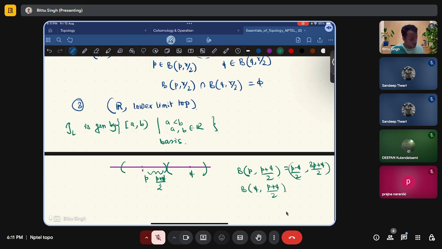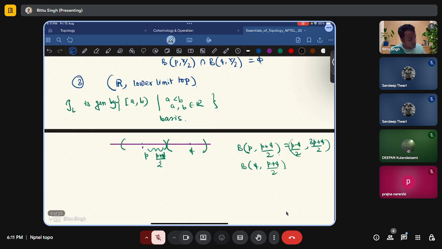Another way, you can also separate by this kind of open set.